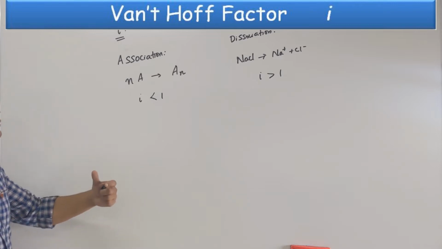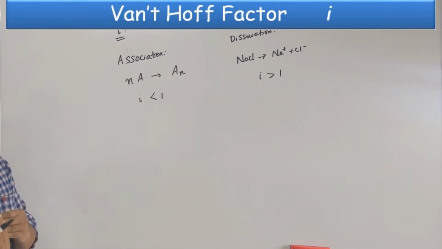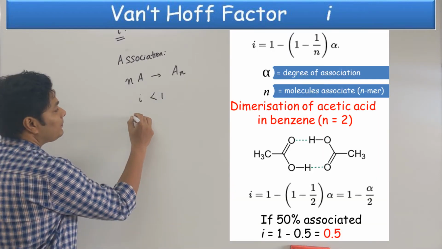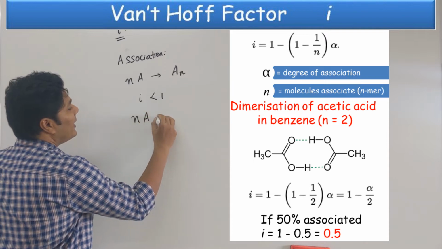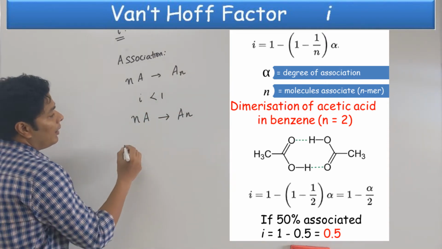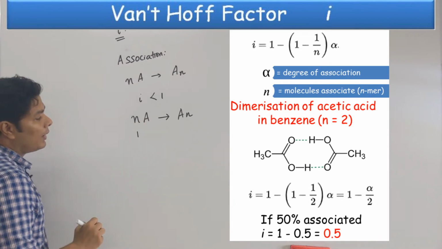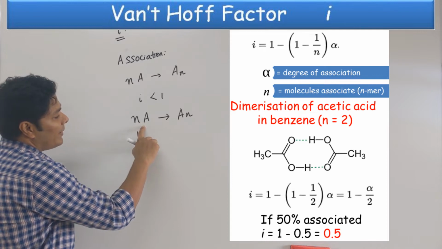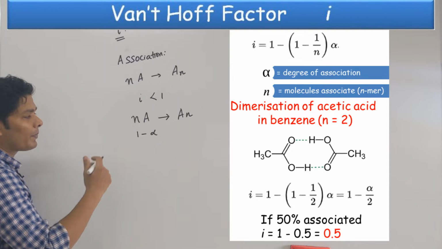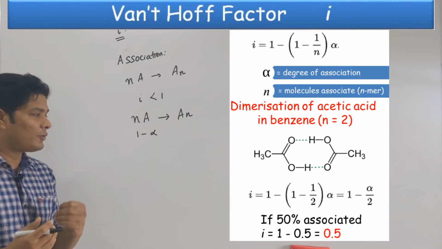Now what about percent association, percent dissociation? They can actually combine this question with coordination chemistry or equilibrium. Now how can you calculate? Let's say nA gives you An. We start with one molecule of A. If I start with one molecule of A, alpha of this undergoes association, meaning out of one molecule only part of them goes through association.